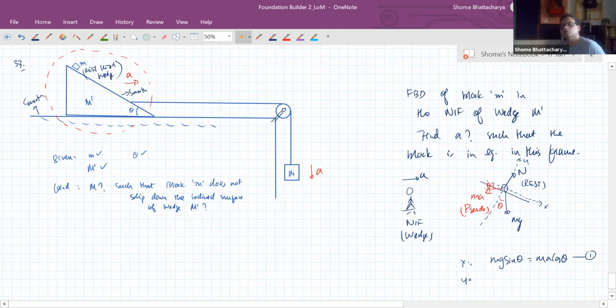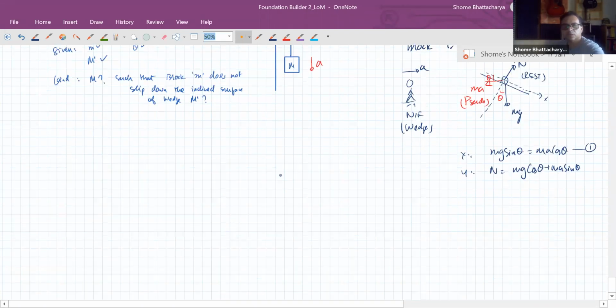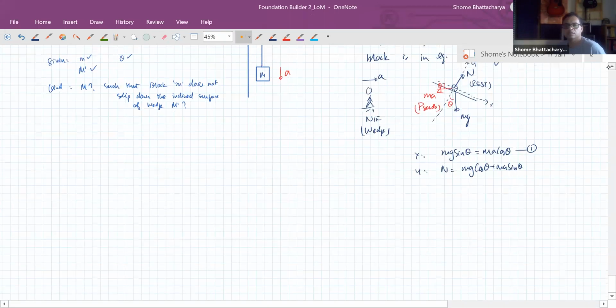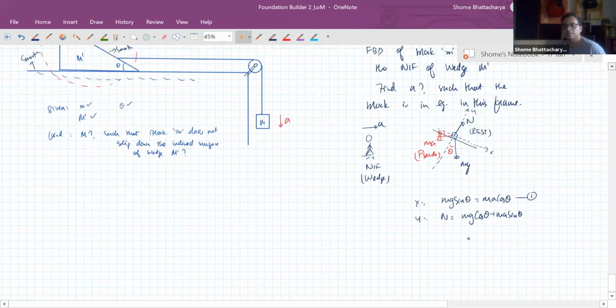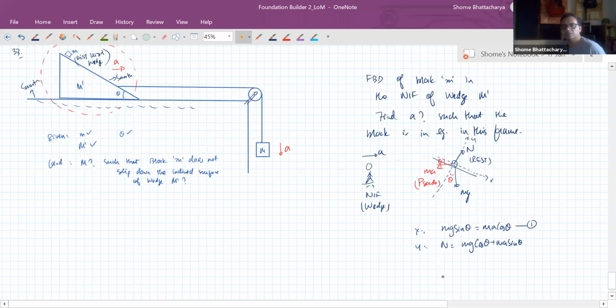Along the y-axis, of course, the normal reaction balances mg cos theta plus ma sine theta. This equation is not so important; the first one is more important. The first equation is giving us the value of a, and this is the same thing we had done earlier, how much acceleration is required. That acceleration will come out to be g tan theta.